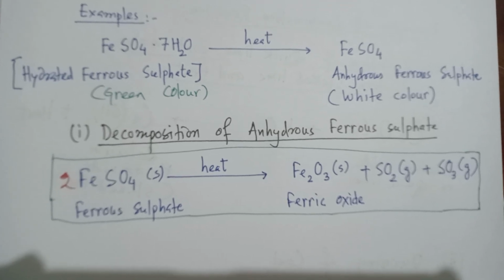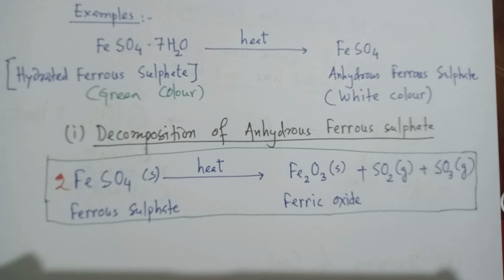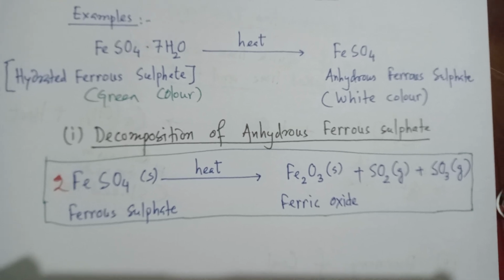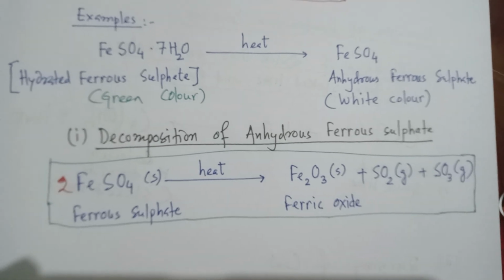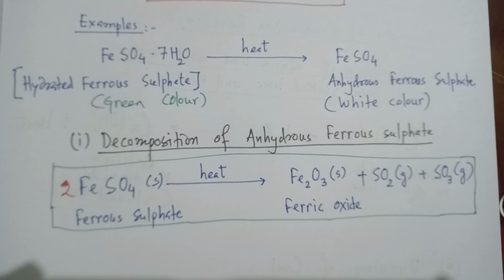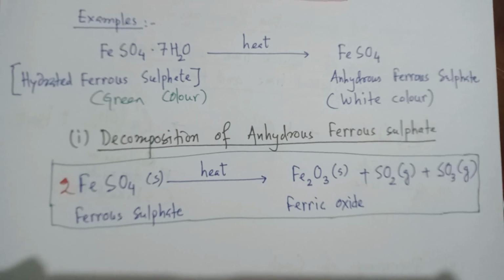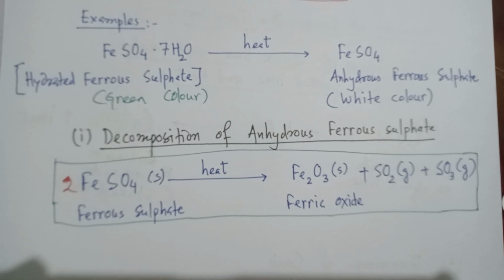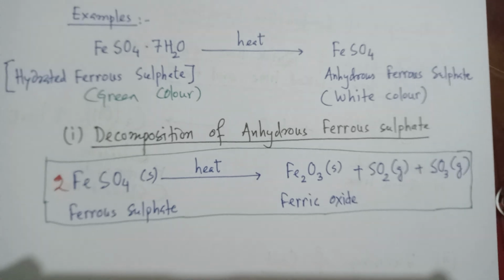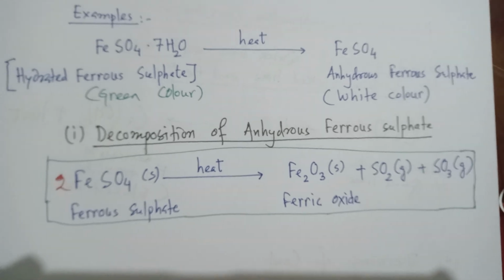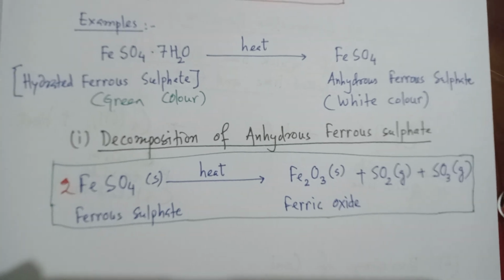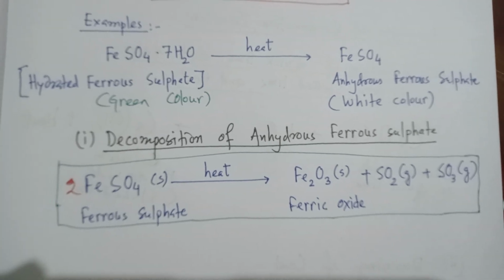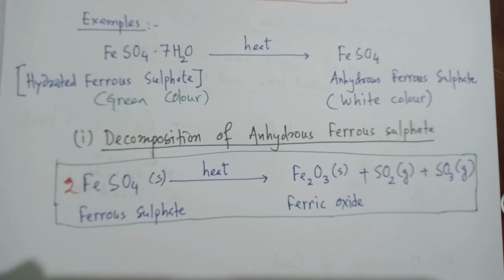Ferric oxide is solid, which is formed from the breaking of ferrous sulfate, which is again solid. So it is an example of decomposition reaction. In the one below, the ferrous sulfate is broken into ferric oxide, sulfur dioxide and sulfur trioxide. So one reactant is broken into 3 products.